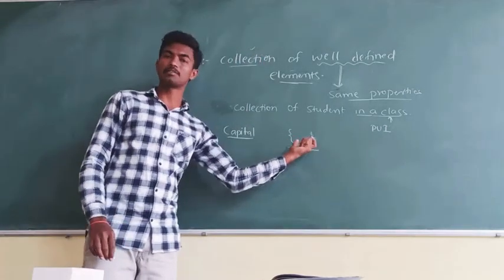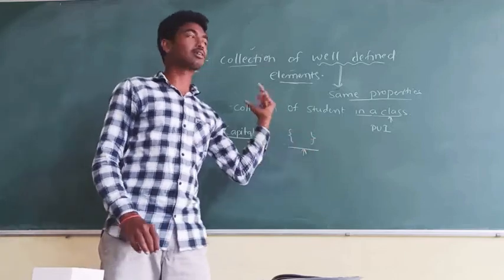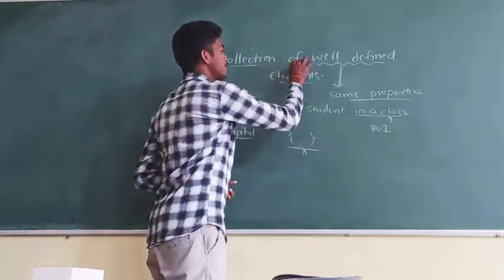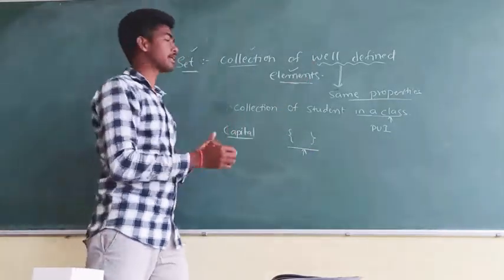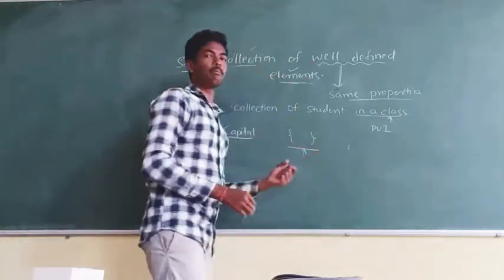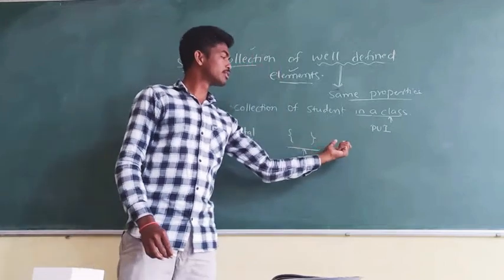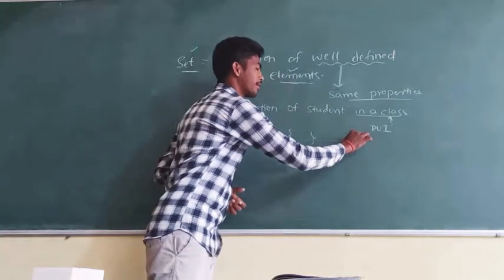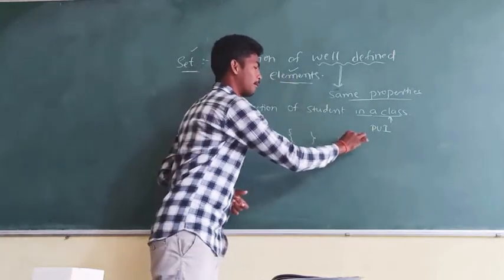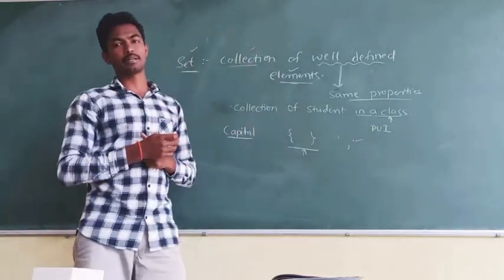Within these curly braces, or flower brackets, we need to write the elements, and all the elements of the set will be separated by the symbol comma.